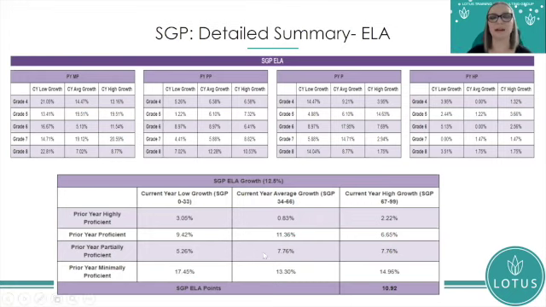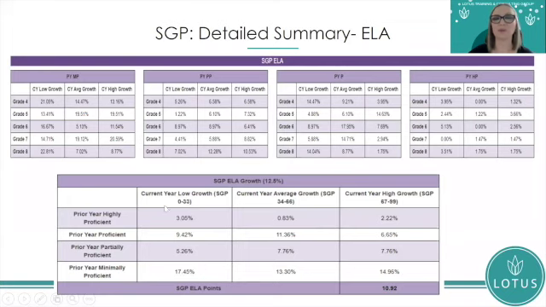What you get credit for is this: this is last year. So if these are 2019 scores, these would have been 2018 proficiency levels. A student was minimally proficient in 2018, and we're looking at how much they grew from 2018 to 2019.